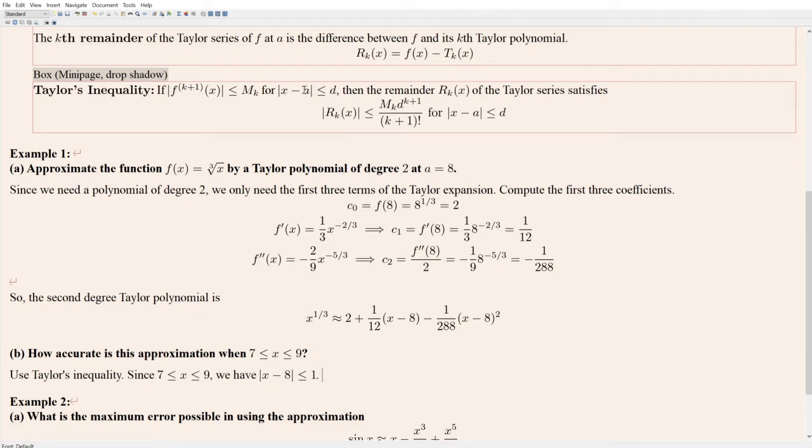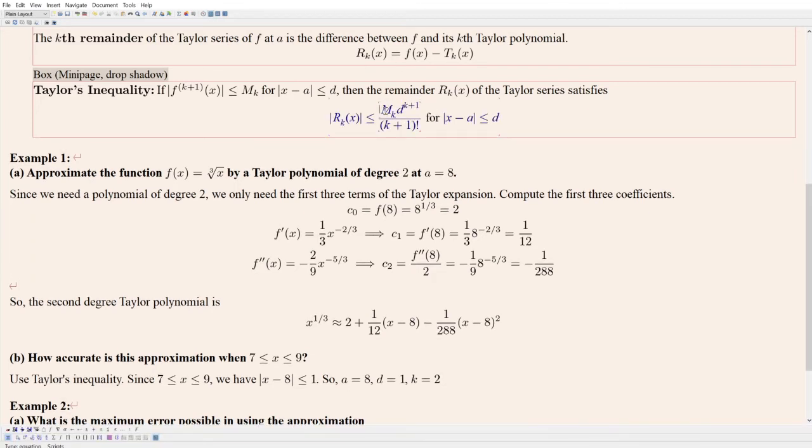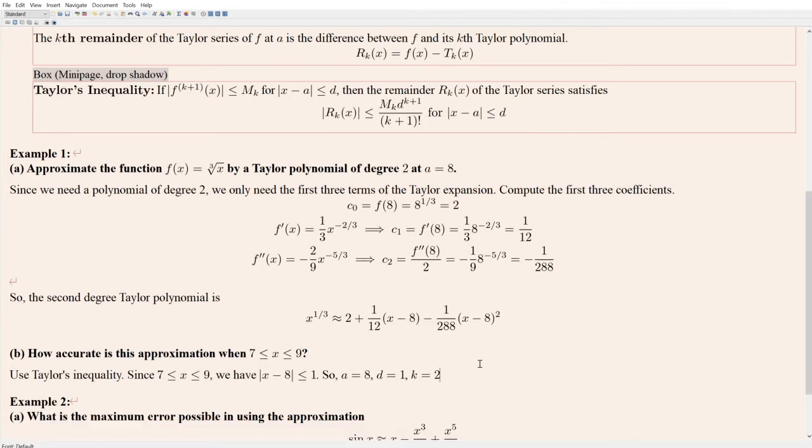So that's this filled in: a is equal to 8, d is equal to 1, k is equal to 2. What other ingredients do we need? The only other ingredient that we need is this bound. This is going to be a bound on the k plus 1th derivative.